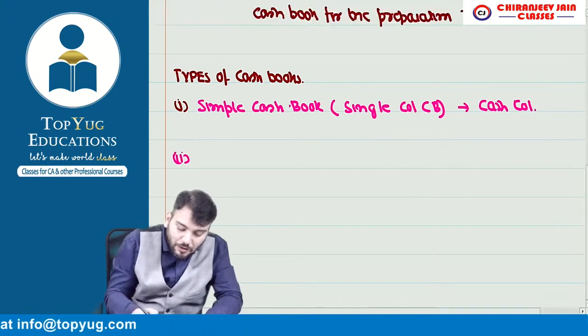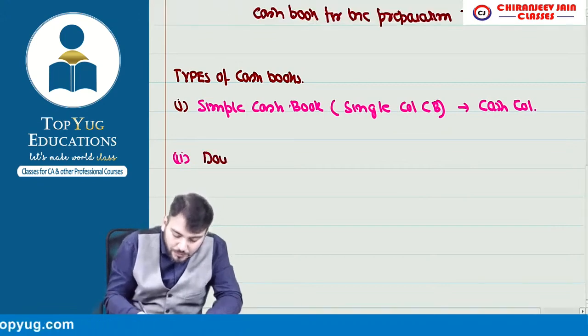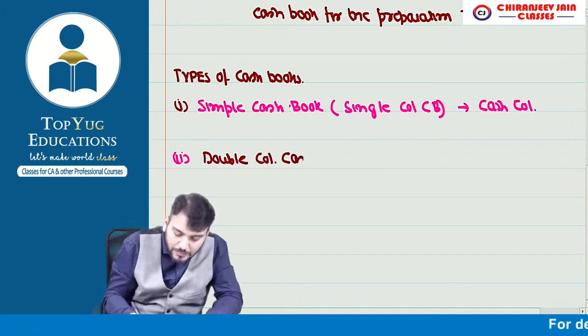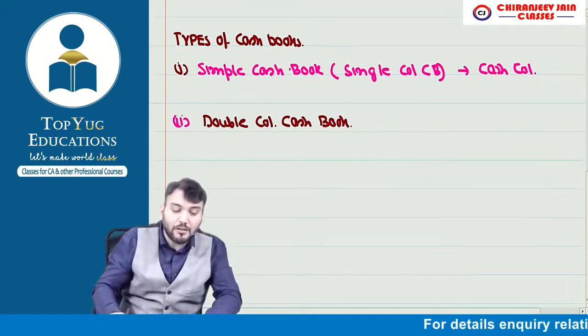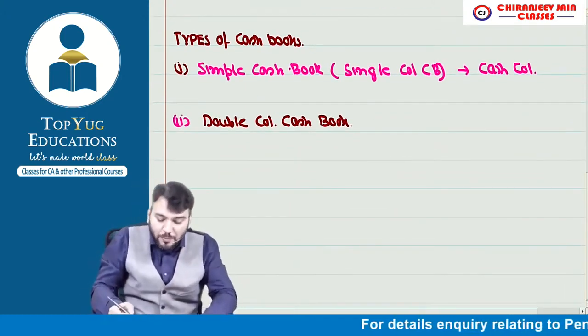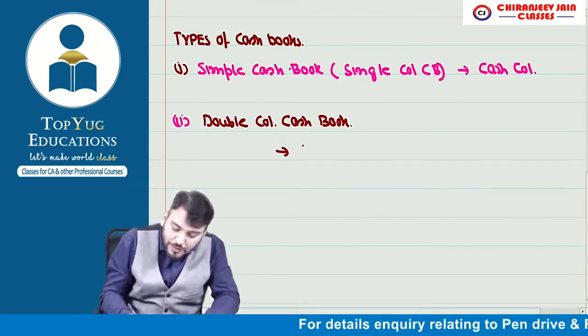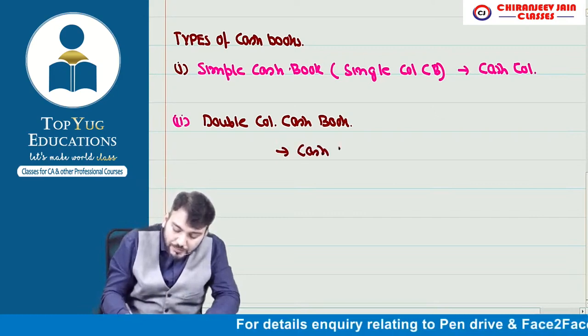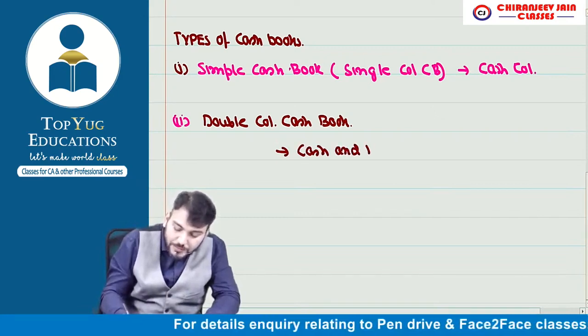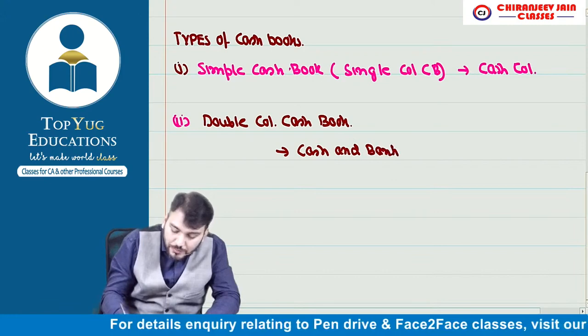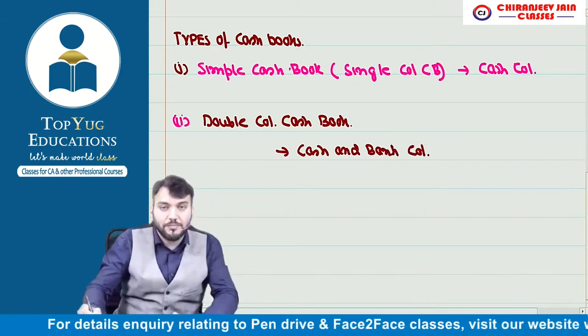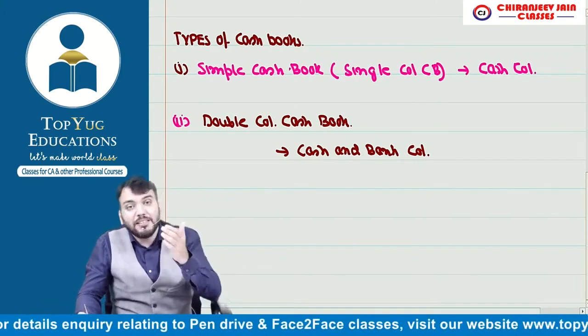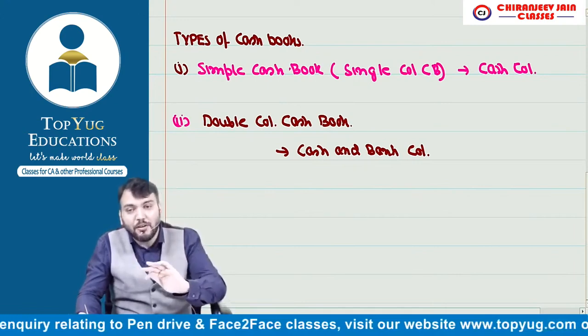Point number two, the second is double column cash book. In case of double column cash book, there can be two types. First is having cash and bank column, which means it will have both cash and bank columns.